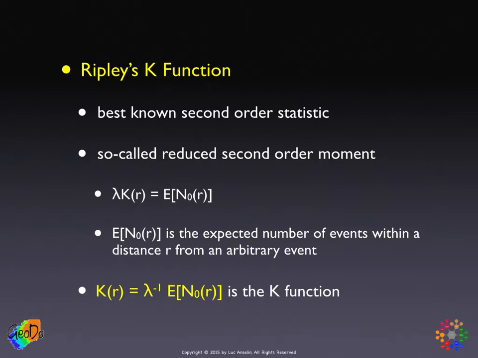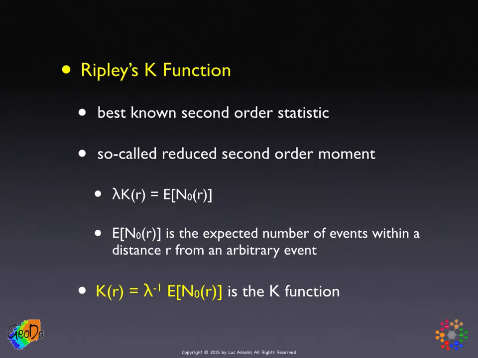We already know that the expected number of points within that circle would be the area of the circle multiplied by the intensity of the process. The K function then is the expected number of such points divided by the intensity. Again, to recall, we're dealing with homogeneous processes, so lambda, the intensity, can be estimated from the process.